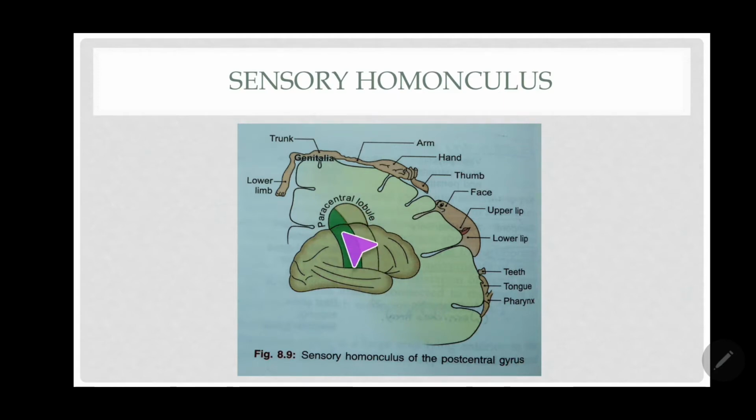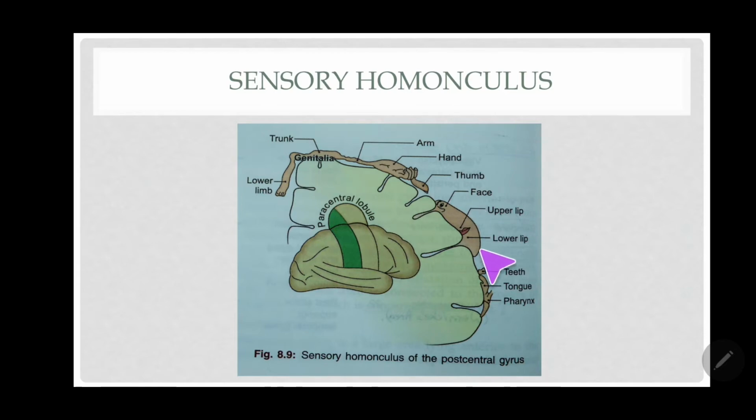So this is SM1. Now the representation of the body parts here is the same as the motor homunculus in the precentral gyrus. In the lower portion it has an inverted representation of the body parts. Here you find the area of pharynx, tongue, teeth, and remember in the motor cortex also, the face had a vertical presentation, except the rest of the body was in inverted position.